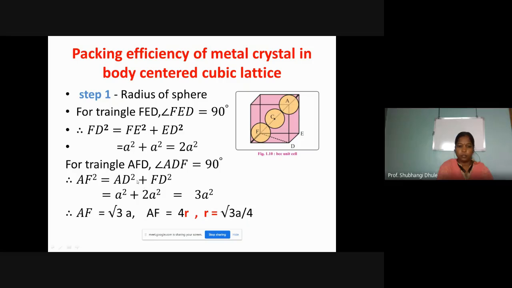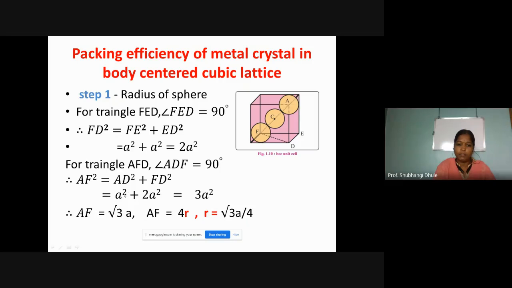So AF square is equal to AD square plus FD square, again according to the Pythagoras theorem. Try to understand which angle we are taking, because ultimately we are interested in calculating FA, that is the diagonal.